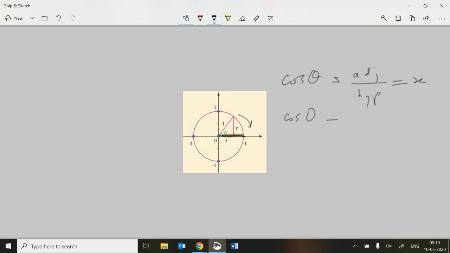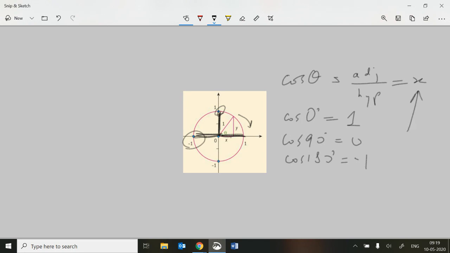So cos of 0 is equal to 1. Cos of 90 degrees is equal to 0, because at 90 degrees we have a height of 1, but a distance across of 0. And cos of 180 degrees is equal to, there's 180 degrees over to here, the distance across is minus 1.